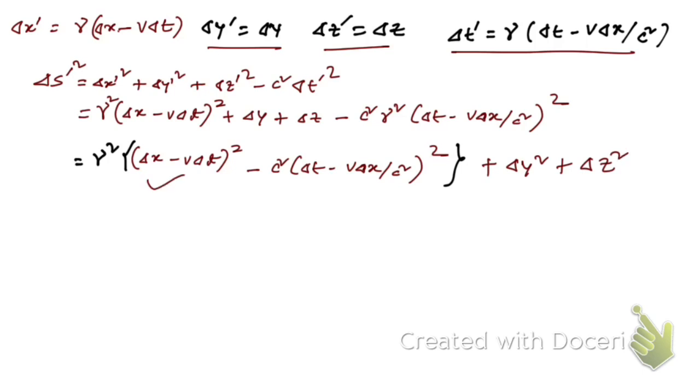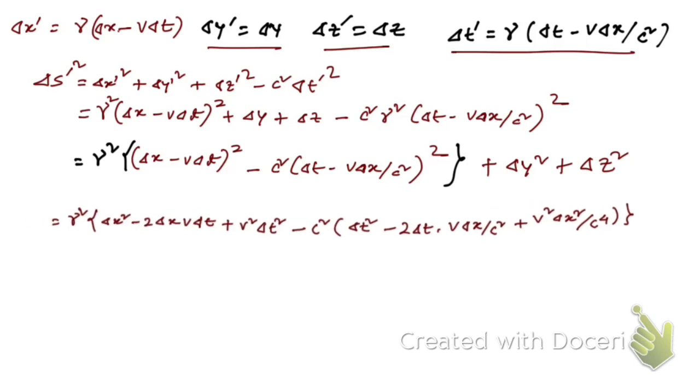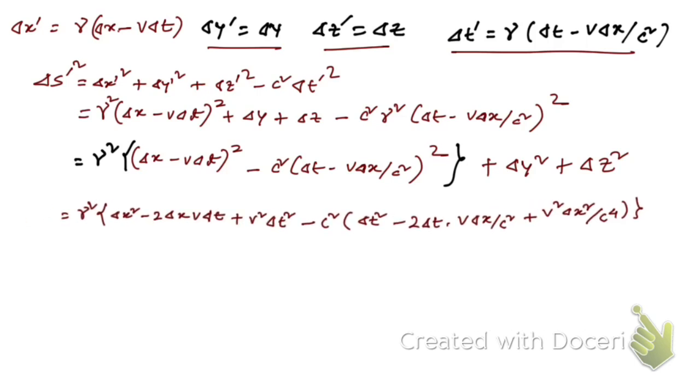Now let us expand these two terms. If we expand this one and this one, we're going to have this result, then the remaining terms are del y square plus del z square. What we have done is expand this using the a minus b whole square formula, and we have got this one, right?